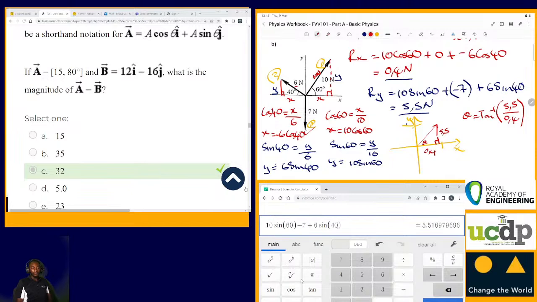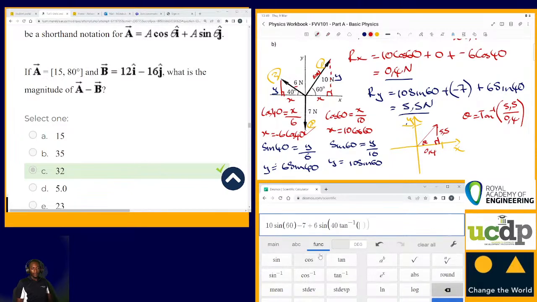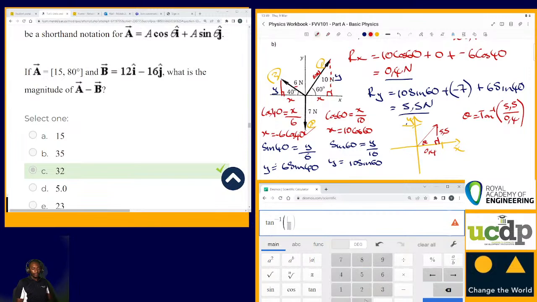Right, so our theta, we get 85.8 degrees, and here we are already moving from our x-axis up to where our vector is, so this becomes our answer for that direction.